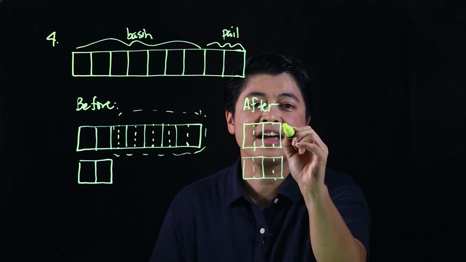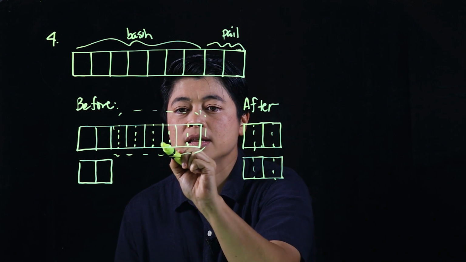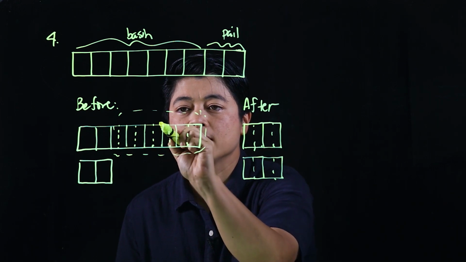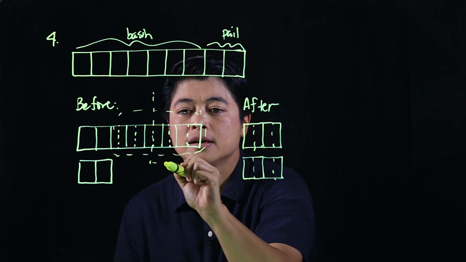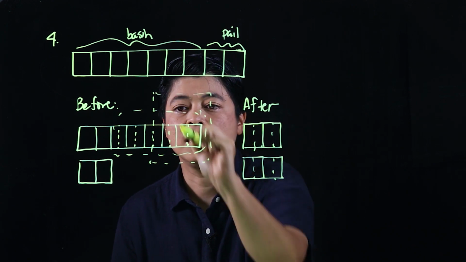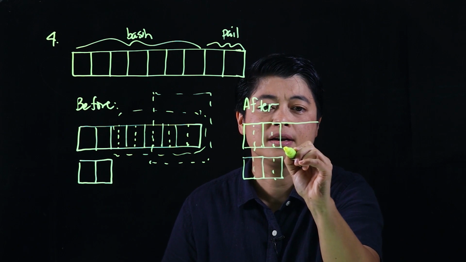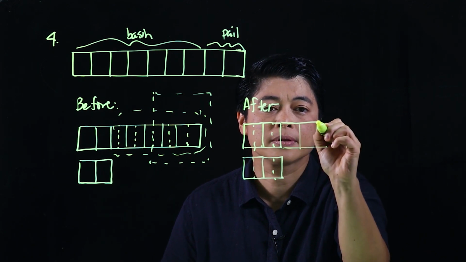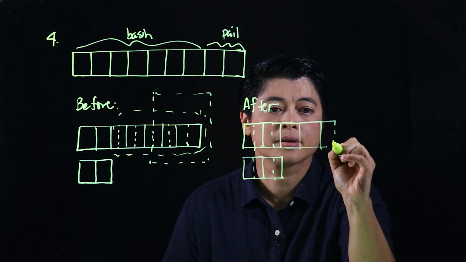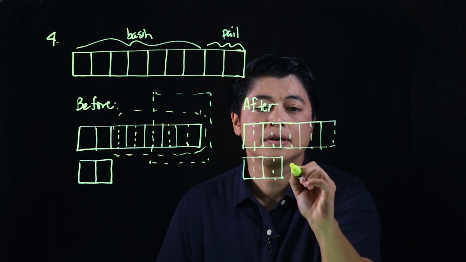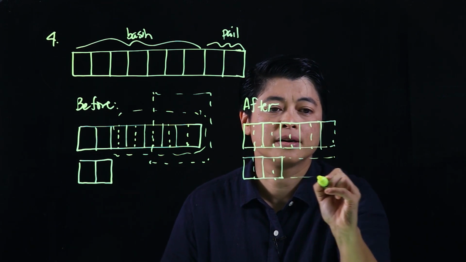Okay, then I'll take 5 of these. So 1, 2, 3, 4 here. And I'm going to transfer it here. So I add 5 here, and I add 5 here.